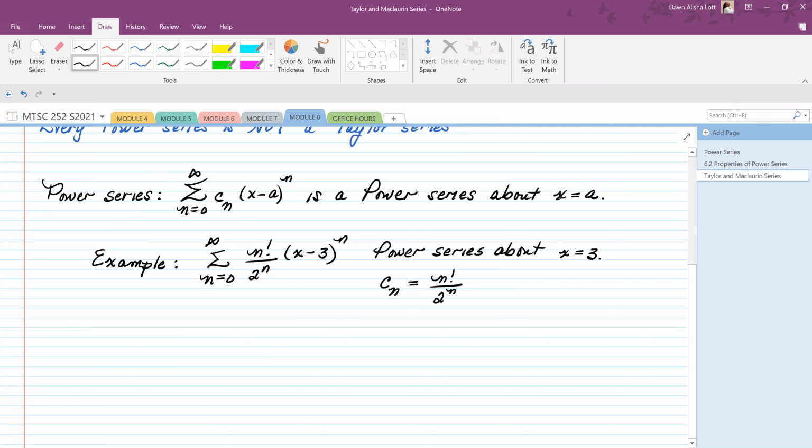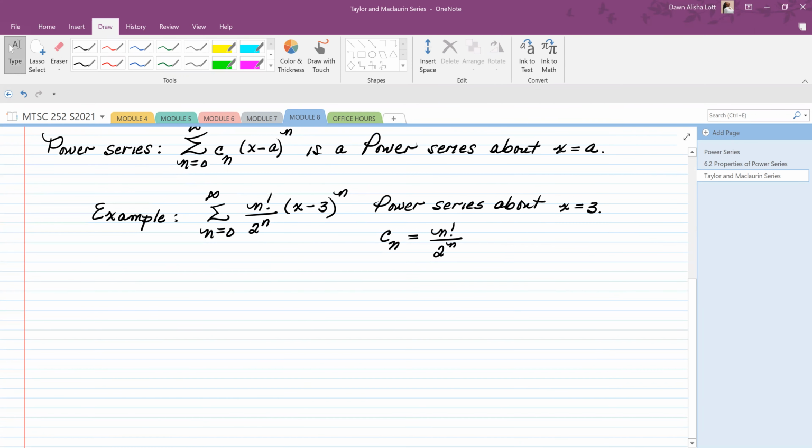All right. So now we want to talk about a specific type of power series. It's called a Taylor series. A Taylor series approximates a function f of x.